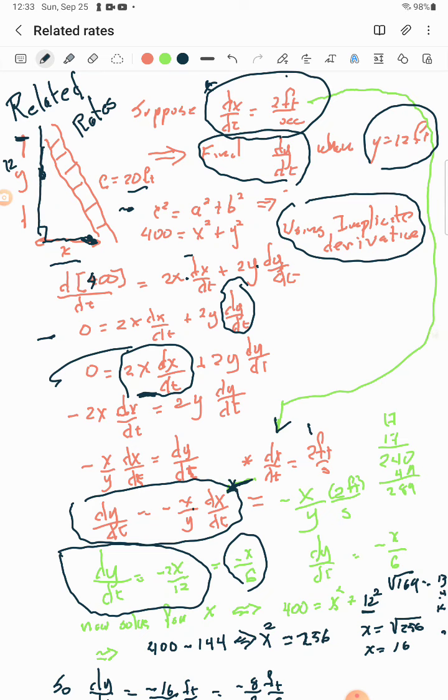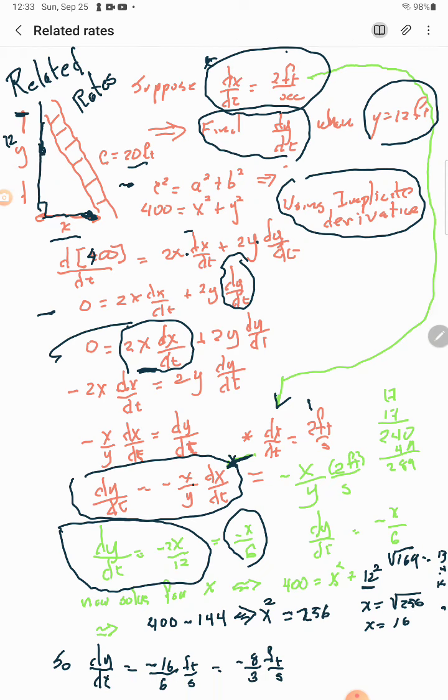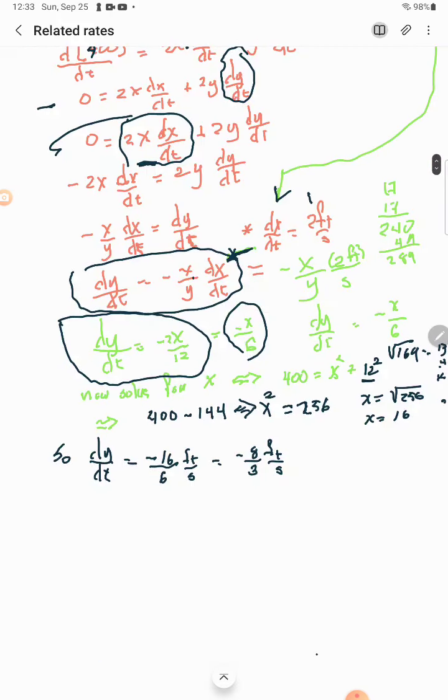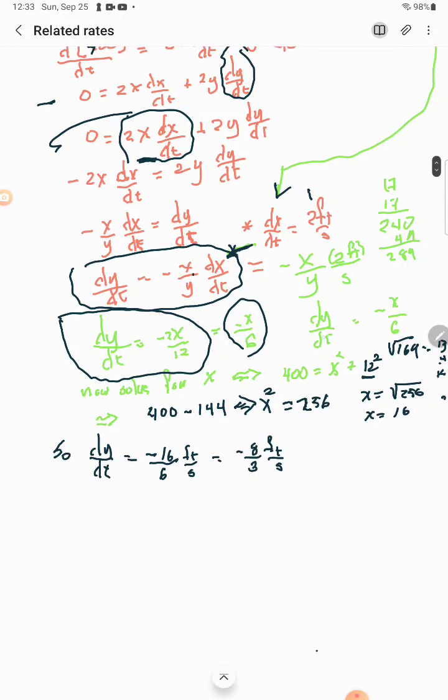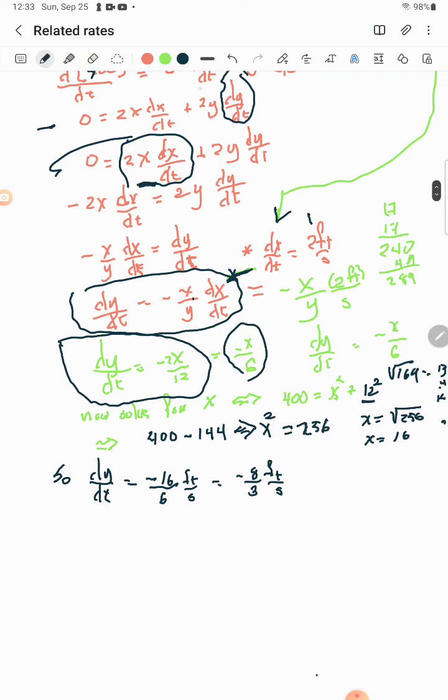It's 12 feet, right? Let's go back to here. So I need to solve for x.